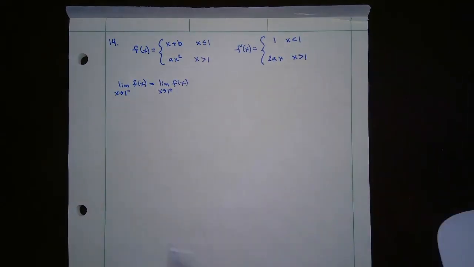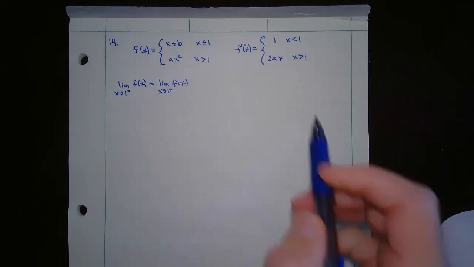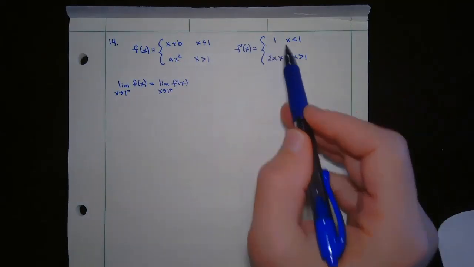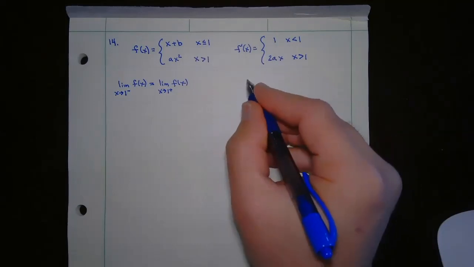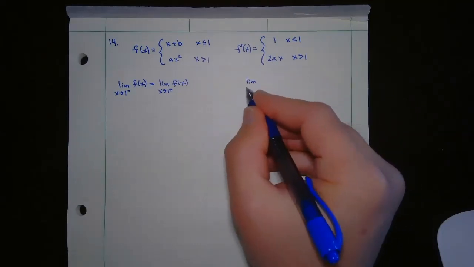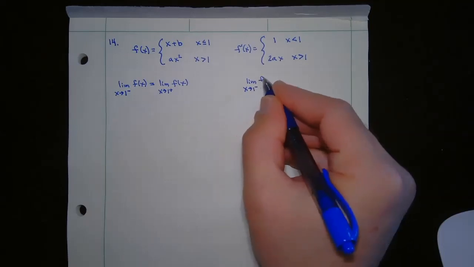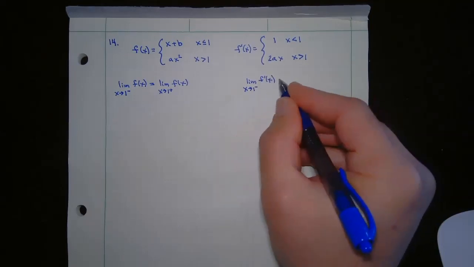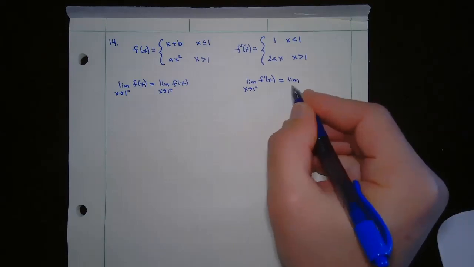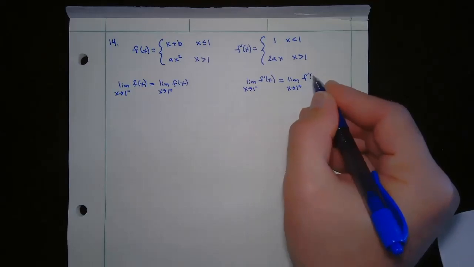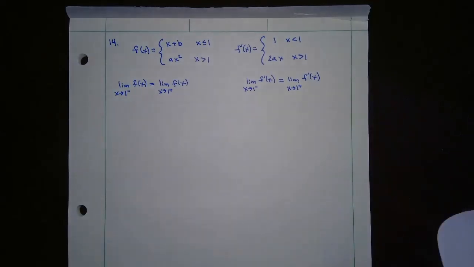Now, for it to be differentiable, the limit as x approaches 1 from the left of f prime of x would have to equal the limit as x approaches 1 from the right of f prime of x. Those two derivatives have to be the same.